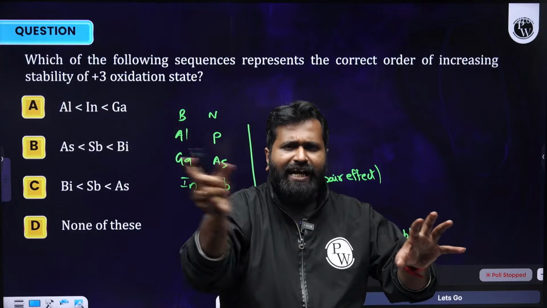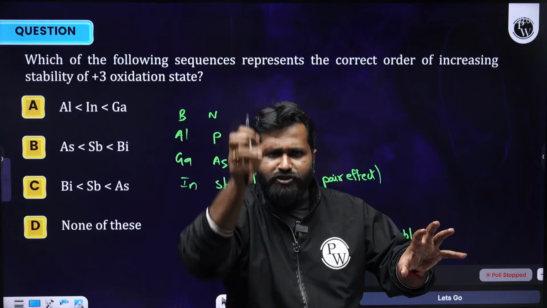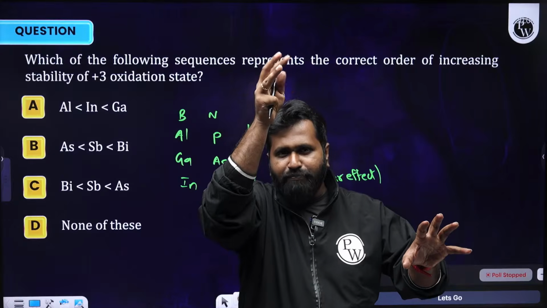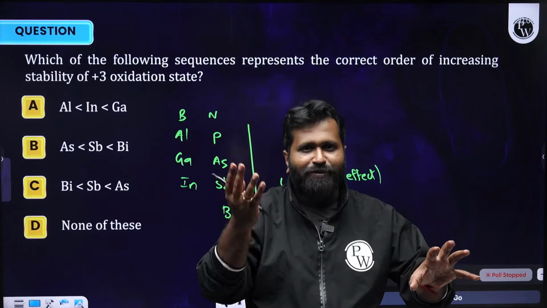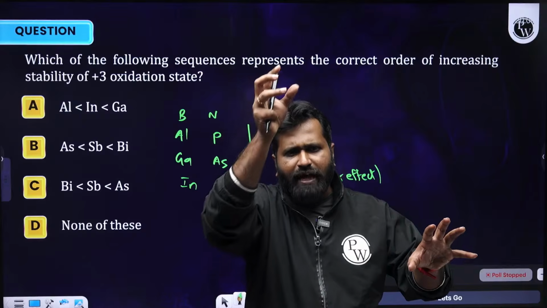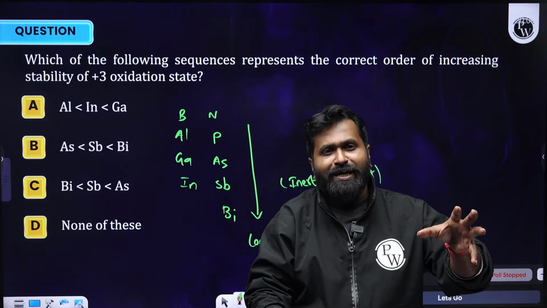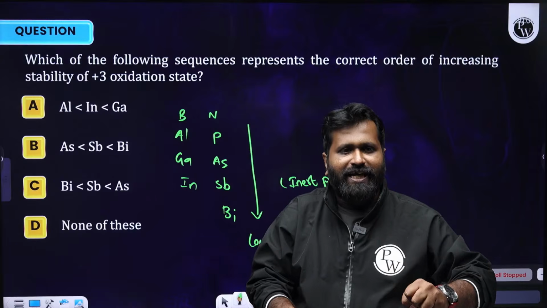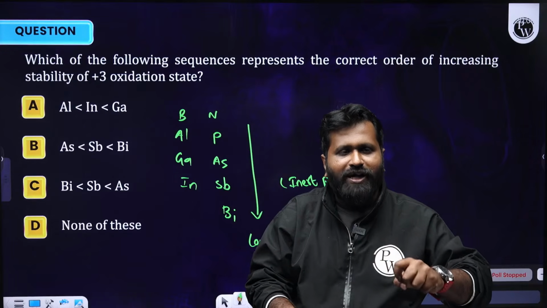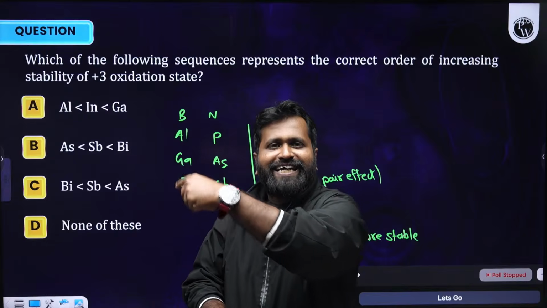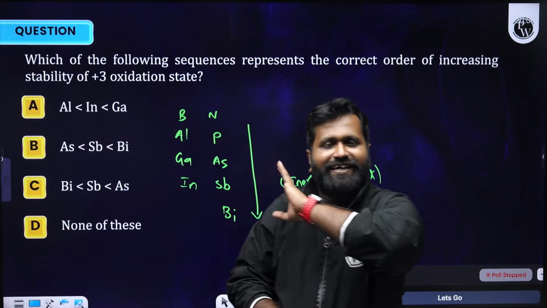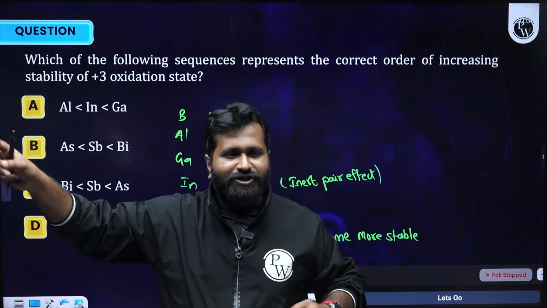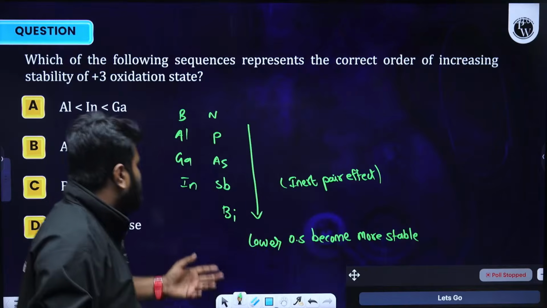If the inner electron between these two has poor shielding effect, we know the meaning of shield, right? If this inner electron has poor shielding effect, automatically what will happen? The outermost electron will be attracted by the nucleus. Because of this, the outermost electron cannot take part in reactions. This effect is called inert pair effect.